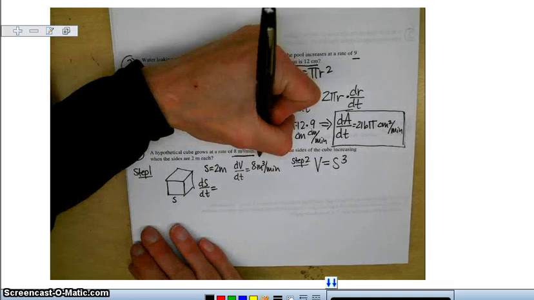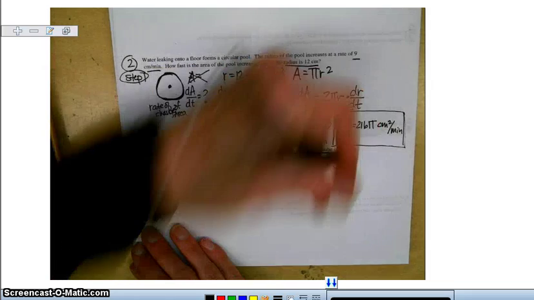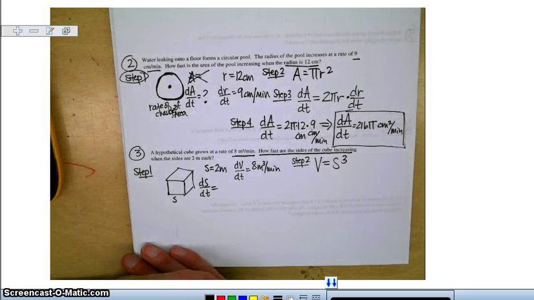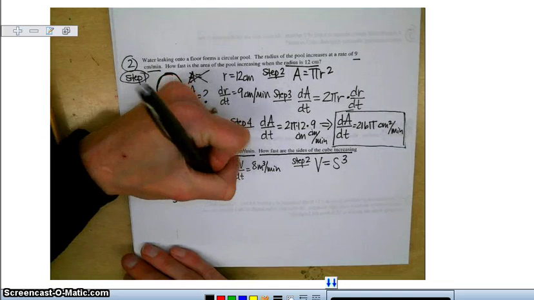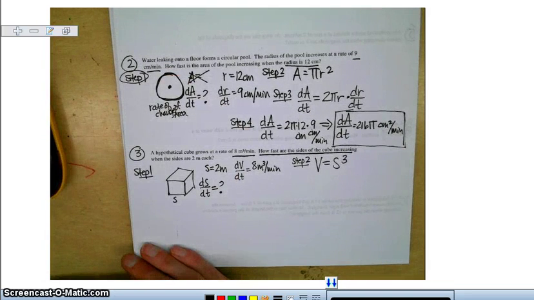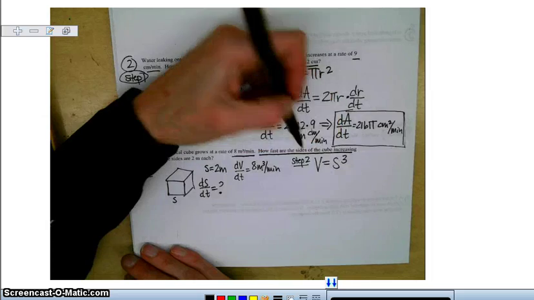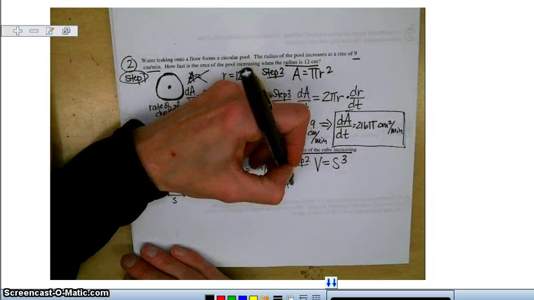Isn't that what it asks for? How fast are the sides of the cube increasing? That's what I'm asked to find. That's ds over dt. How fast is something increasing or decreasing is a rate of change. That's a derivative. Now I just need to take the derivative of the volume equation.